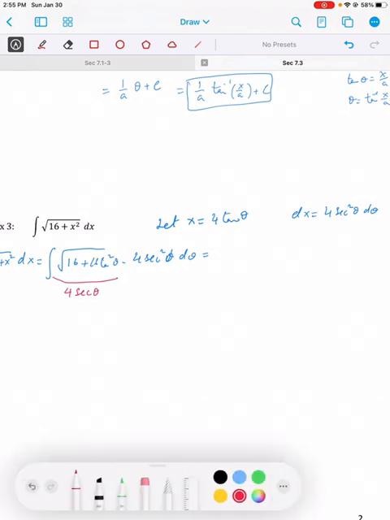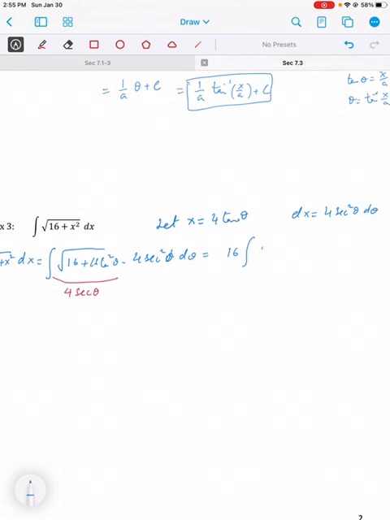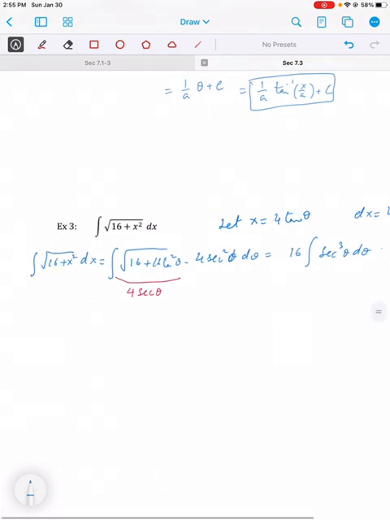You should be able to figure that out. So that this becomes 16 secant cubed theta d theta. So we already learned how to integrate secant cubed theta. So we will do that.